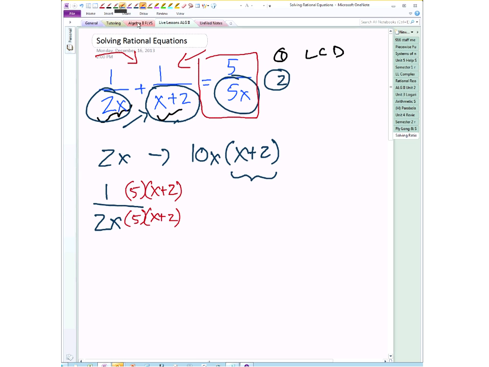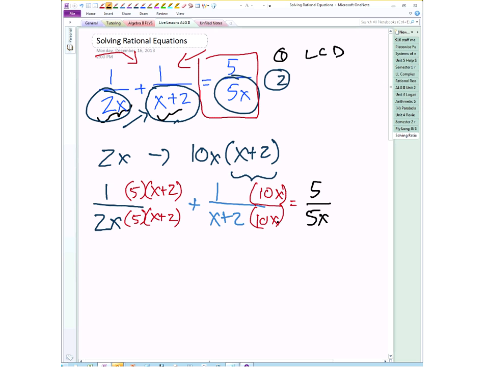So next, we have 1 over x plus 2. But how do I make that 10x times x plus 2? Well, that one's not as bad, because I just multiply top and bottom by 10x. That equals 5 over 5x.